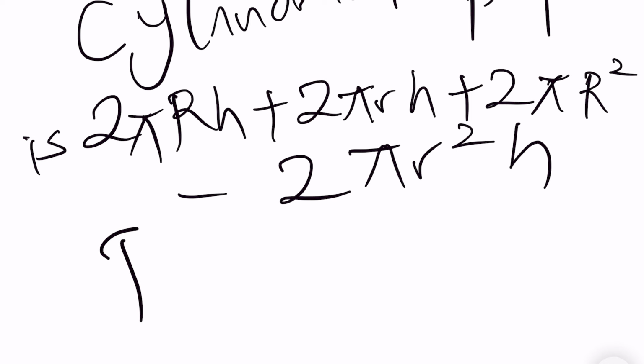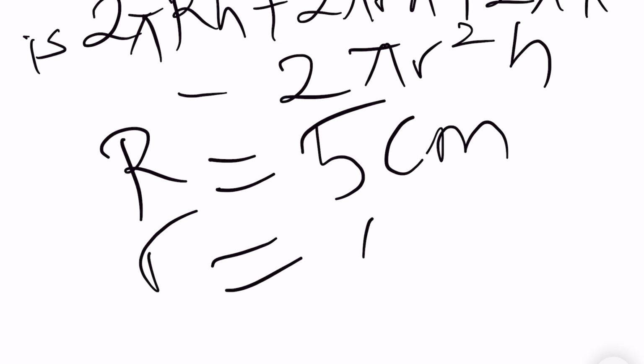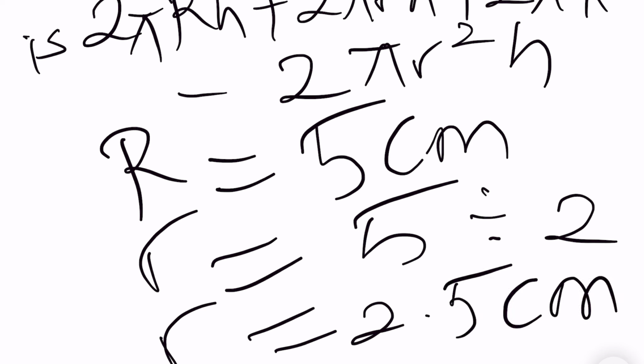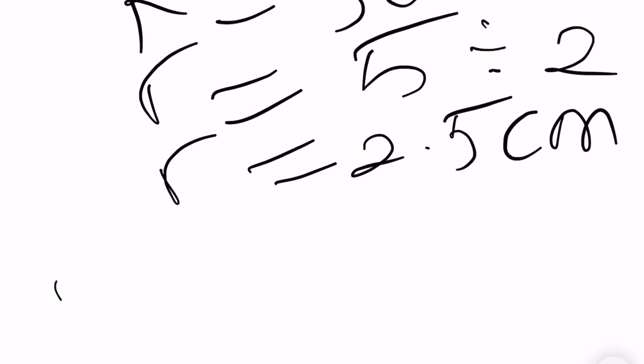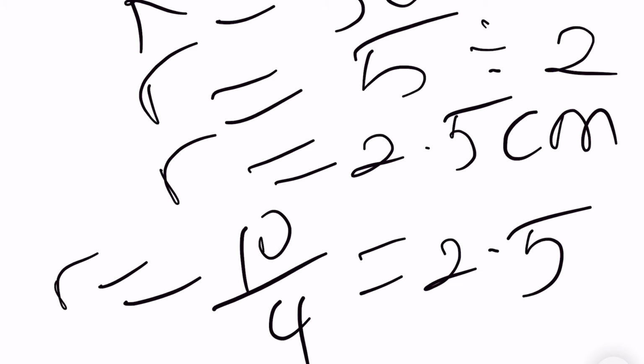Now small r will be 2.5 centimeters, which is like a quarter of the diameter, 10 over 4, which is 2.5.